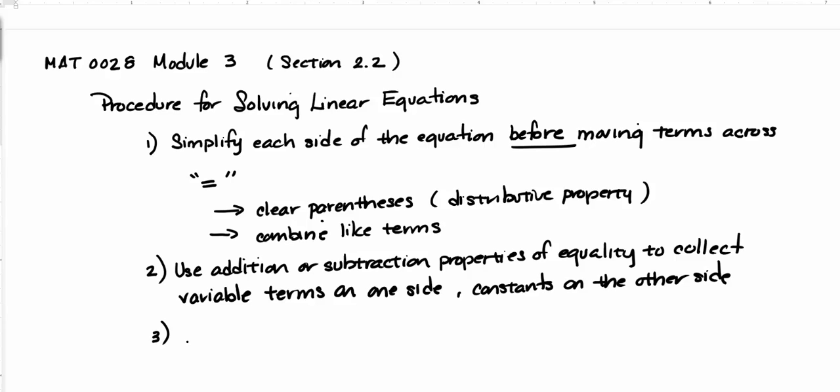And then the last thing we always do is either multiply or divide. Right? So we don't multiply or divide first until you only have one term on the left side and one term on the right side.